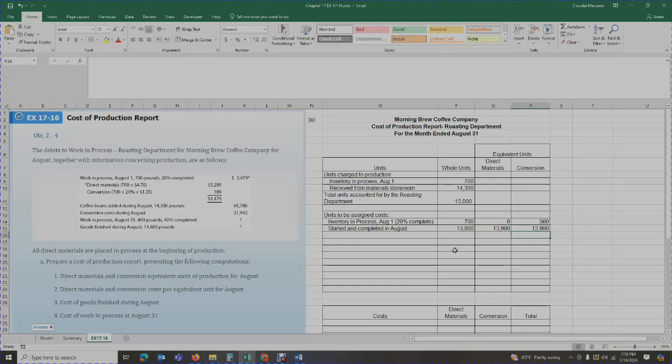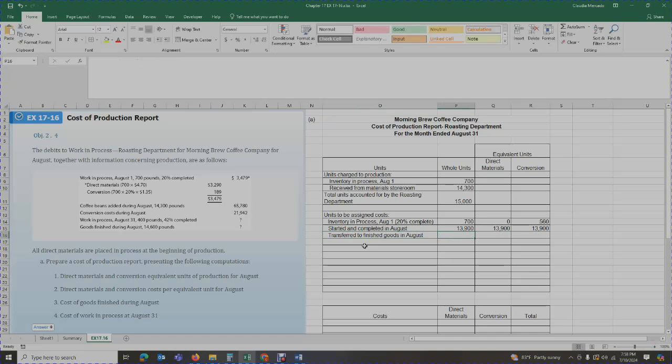So the entire amount of units that were started and completed this month will be part of our calculation for the equivalent units. Now we have to figure out how much is going to be transferred to finished goods in August.